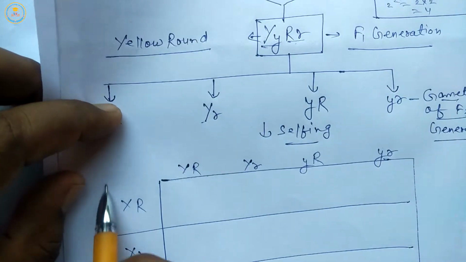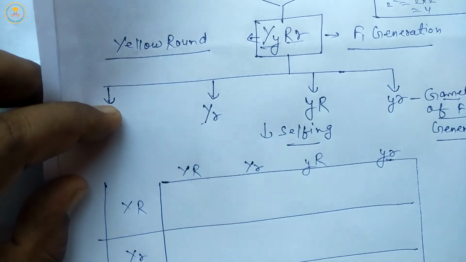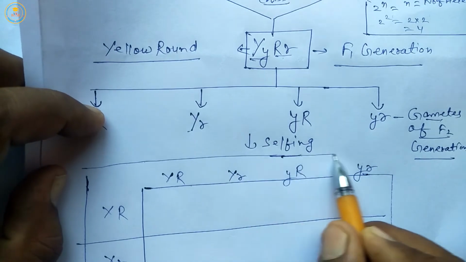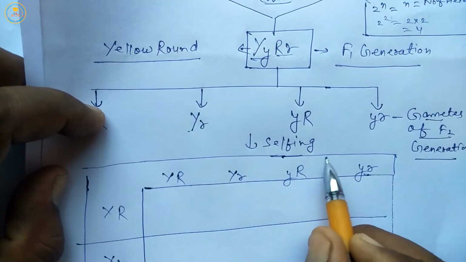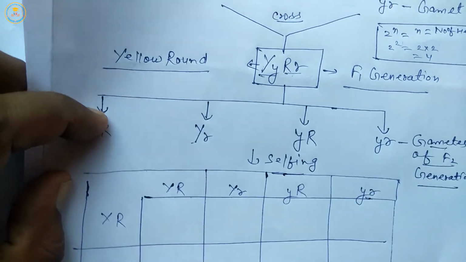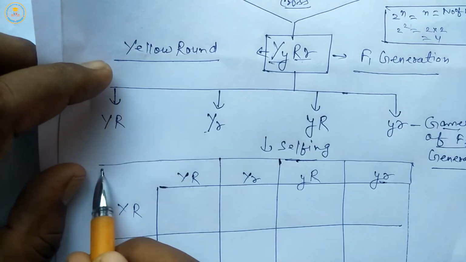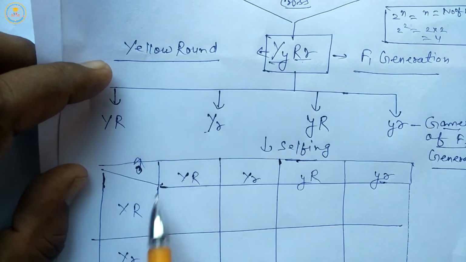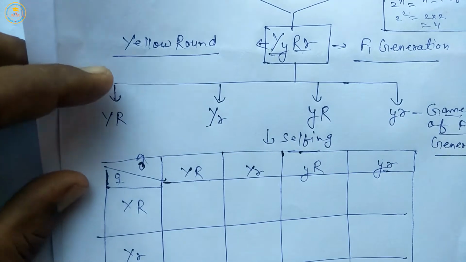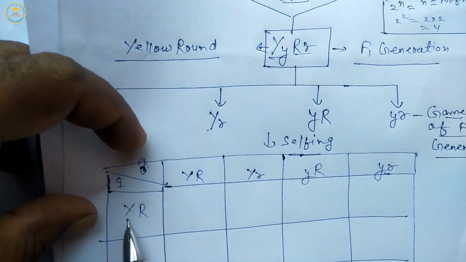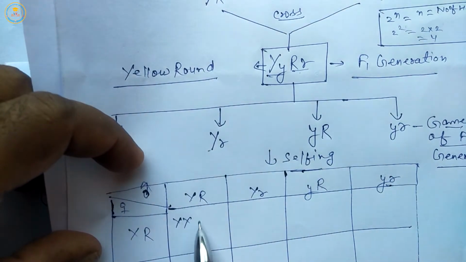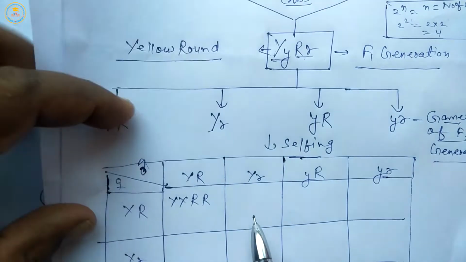In this law of independent assortment, a total of 16 plants are formed in the F2 generation. Students, if these are male, then these are female. If we cross capital Y, capital R with capital Y, capital R, the first plant is this.